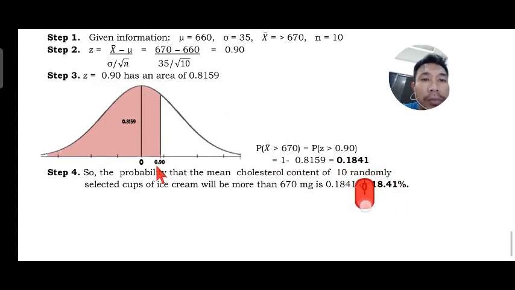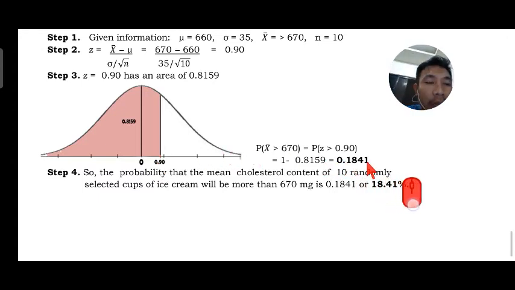So may ibang technique din ako sa pagkuha upang hindi na tayo mag-minus nito. Since this is 0.90, this is symmetrical to the other side. Dito, mayroon din ditong 0.90. Easy lang ang pagkuha nito. So, you will just use the negative sign with this one. Then, you can get 0.1841. Okay, ito yon.